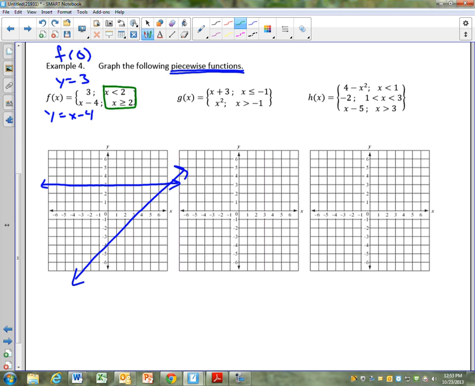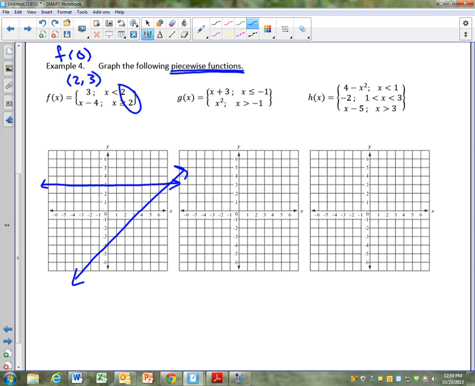And the way that seems easiest for students to figure that out is to find the endpoints of the graph. So I look at this value right here, 2. That's where it splits from one graph to the other, and I plug that value in. If I plug in 2, what is the output? What is always the output of this function? 3.